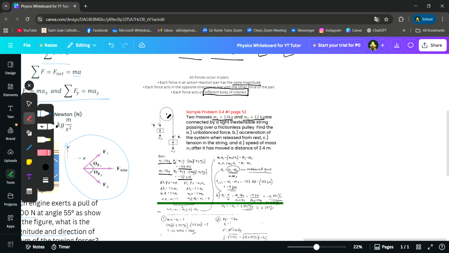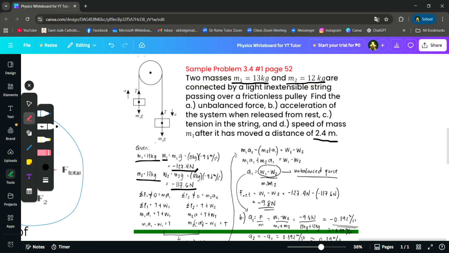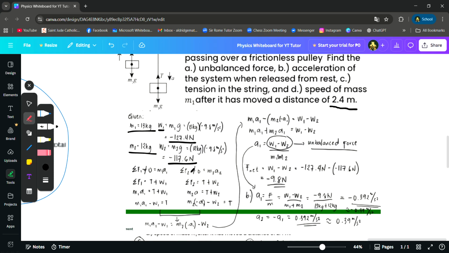Basically just saying a pulley with a string that cannot break. Find the unbalanced force, acceleration of the system, tension of the string, and speed of mass 1 after it moved 2.4 meters.